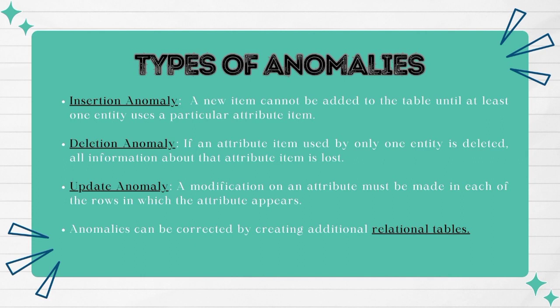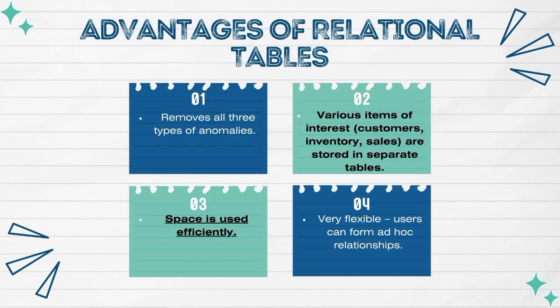And lastly is update anomaly, which is a modification of an attribute that must be made in each of the rows in which the attribute appears. And itong update anomaly may result from data redundancy in an unnormalized table. The advantages of relational tables are, first, they remove all three types of anomalies, which is yung insertion anomaly, deletion anomaly, and update anomaly.